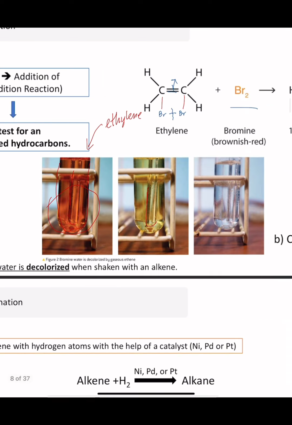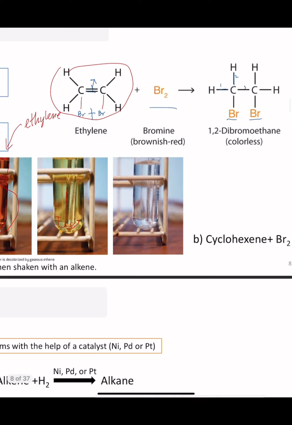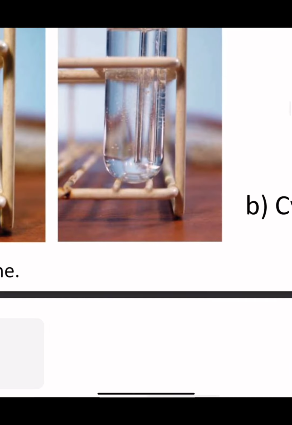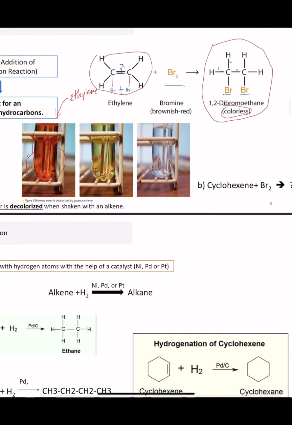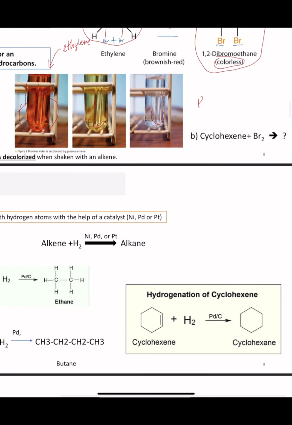Because the bubbles are coming out from here and ethylene is coming through, it makes a new product, 1,2-dibromoethane, which is colorless. That's why the color turned colorless. That means our bromine test turned out to be positive, okay?